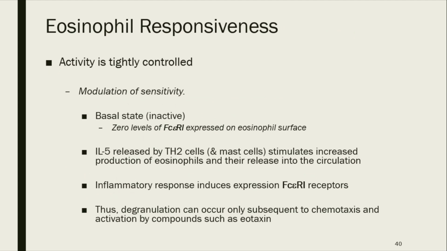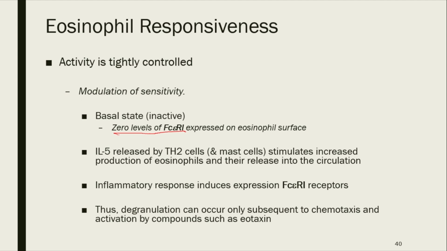Since eosinophils could be problematic, they really need to be very tightly controlled. In the basal or resting state, there is zero level of Fc epsilon receptor expressed on the eosinophil surface. No receptor means no IgE binding, and no IgE binding means no degranulation. Remember, abnormal degranulation can lead to all kinds of problems.